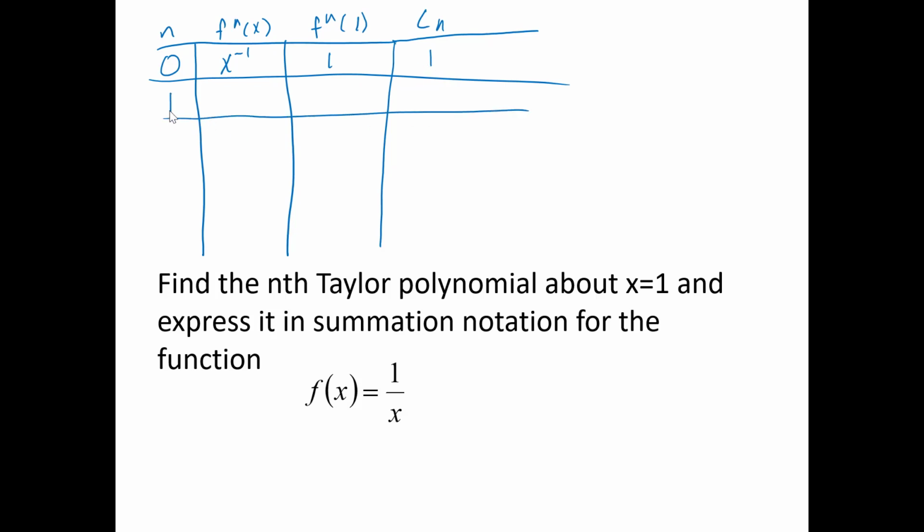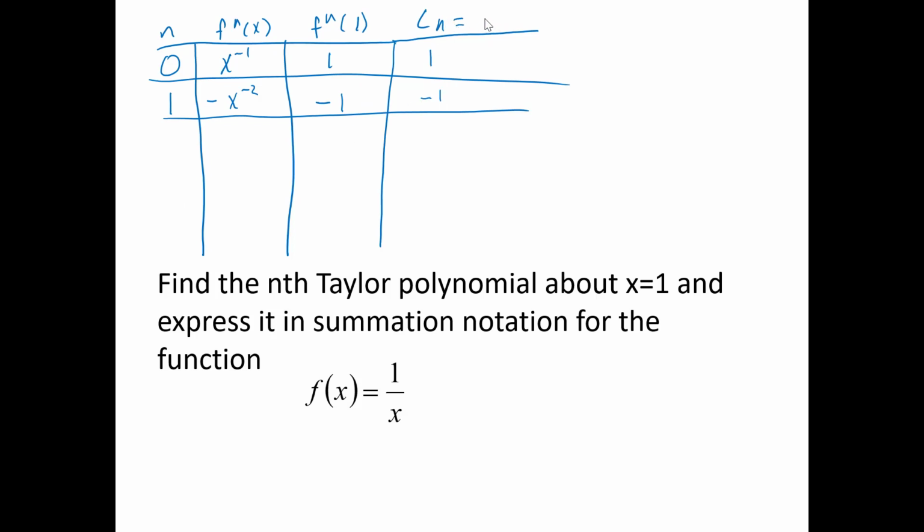When n is 1, take your first derivative, bring down the exponent, take 1 away from the exponent, and then when you plug in 1, 1 to any power is 1. And so your C1 is minus 1.